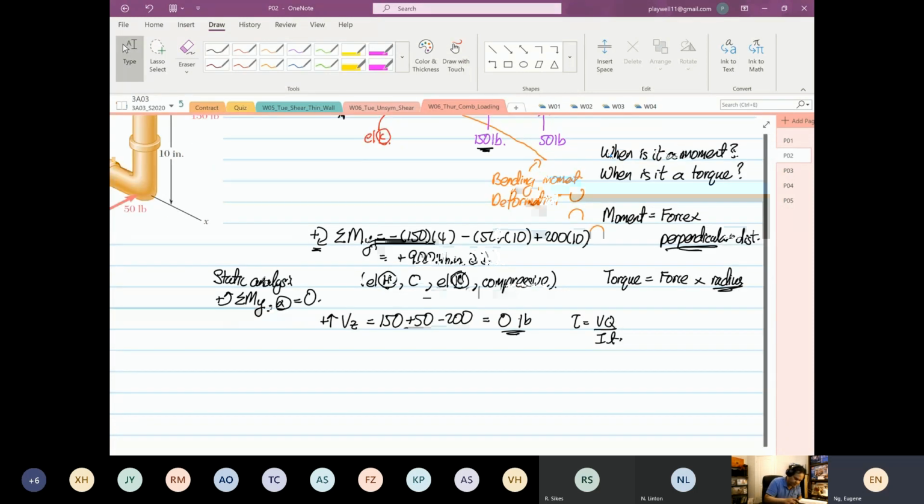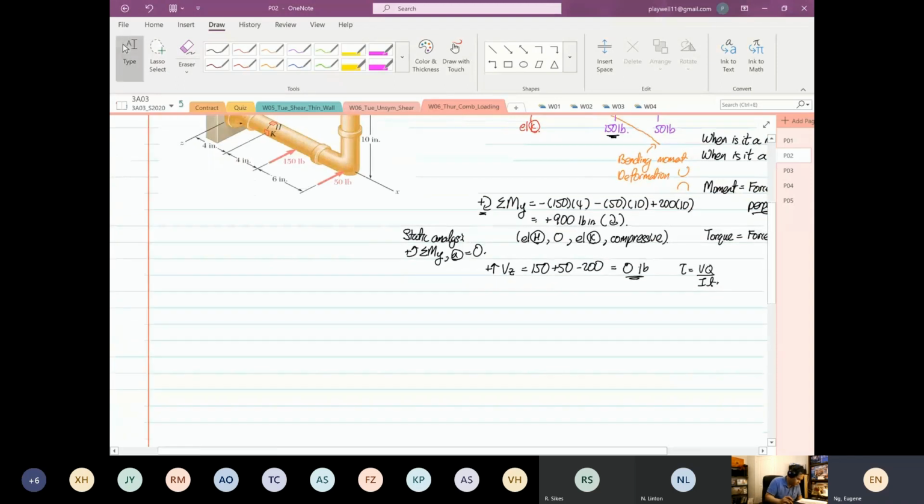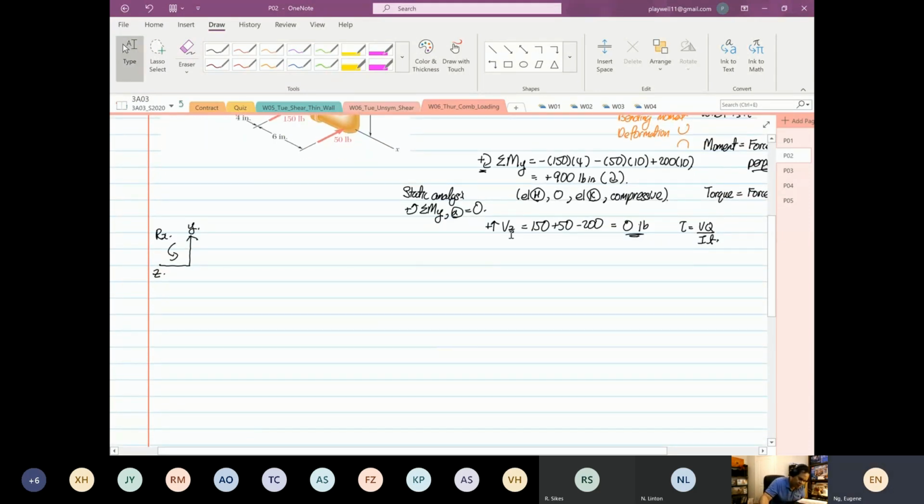Then the last one, we have to look at our last view. The last view over here will be on Y, Z. This is rotation about X. So when we view this, it's going to look like this.